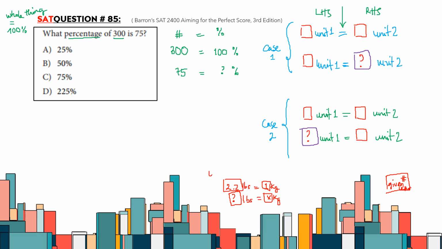Similar to that, this is an example. So we will have a cross. Cross connects whichever two given numbers, you can make the diagonal cross like that. So we do the multiplication. We cross multiply, then divide by the rest.